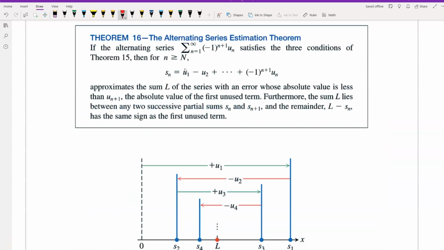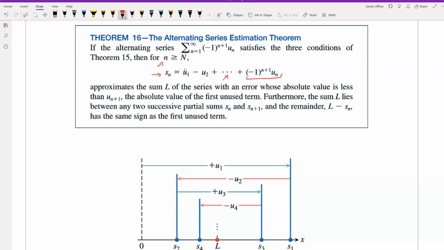Theorem 16, the alternating series estimation theorem. If the alternating series, the sum of (-1)^(n+1) times u sub n from 1 to infinity, and this is exactly what we had on top, satisfies the 3 conditions of Theorem 15, then for lowercase n greater than or equal to uppercase N, S sub n is equal to u sub 1 minus u sub 2 plus, I use 3 dots here, plus (-1)^(n+1) times u sub n.